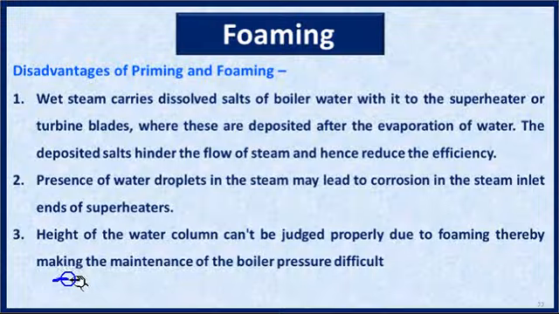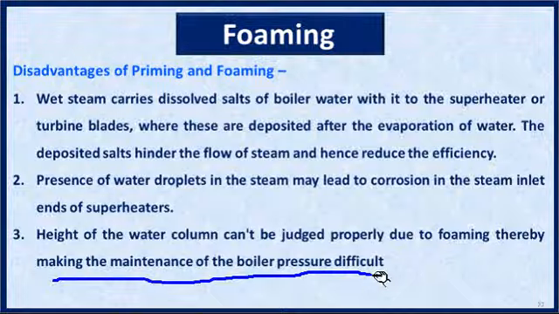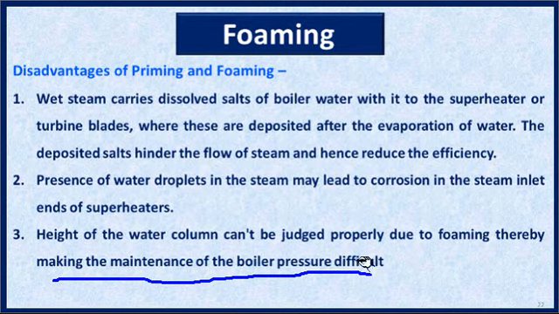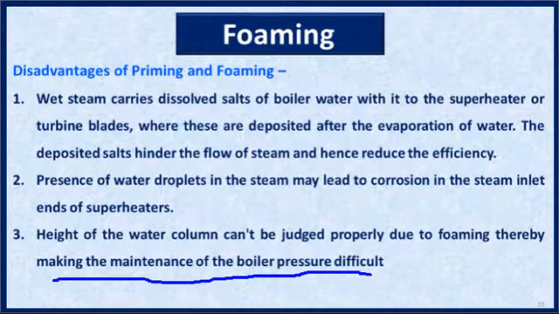Thereby, proper boiler pressure maintenance is difficult in such a case. So these are the disadvantages of priming and foaming. In today's video, we have discussed the various types of boiler troubles, which include boiler corrosion, caustic embrittlement, priming and foaming.